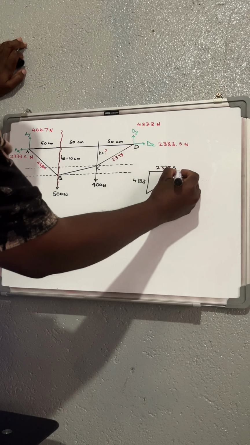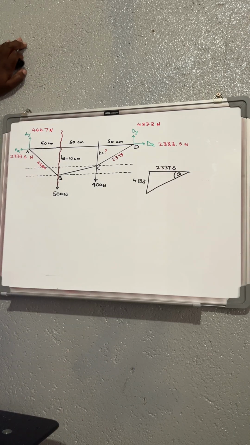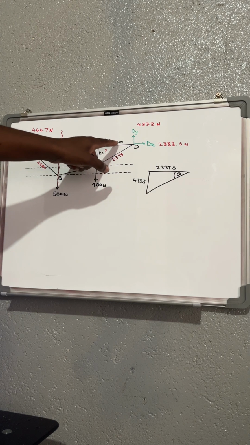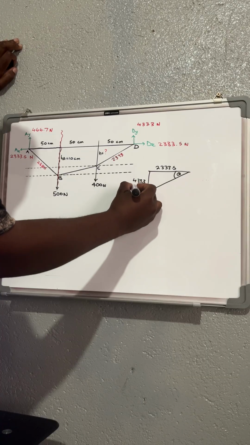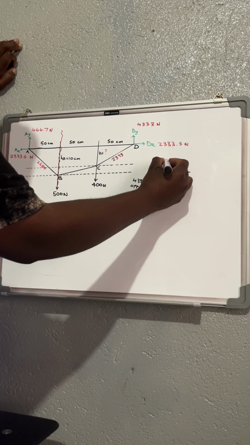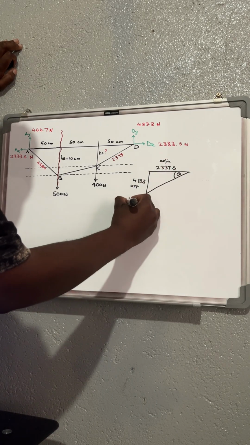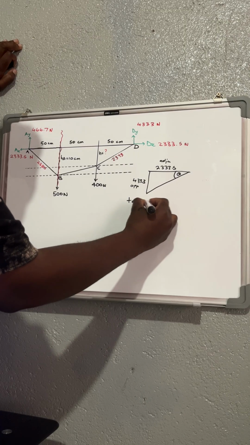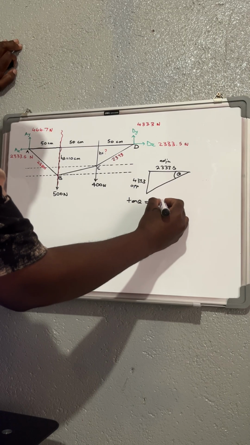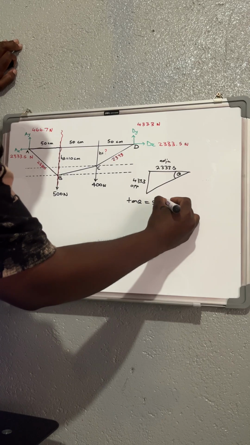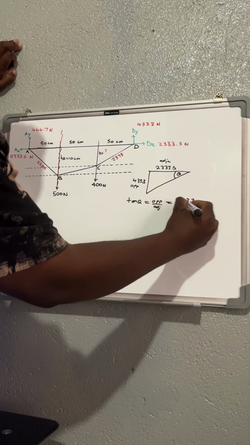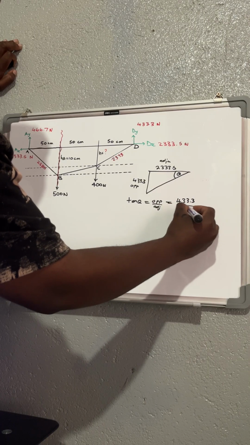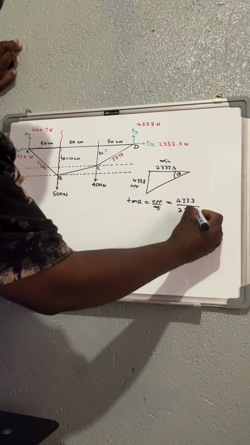So now what do you have to do? You have to calculate this angle that you have here, because now we are trying to find the length in centimeters. So this angle is opposite to this, then this is your adjacent. So tan of theta is equal to opposite over adjacent, which is equal to 433.3 divided by 2333.5.